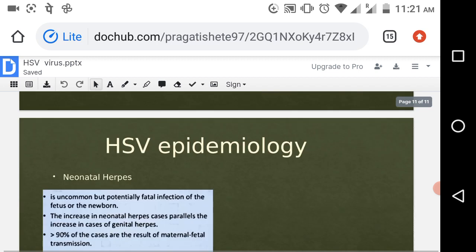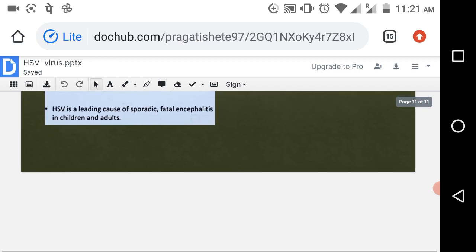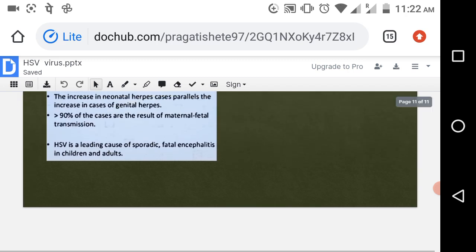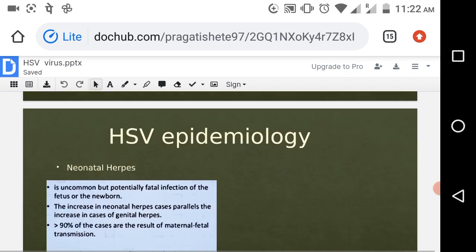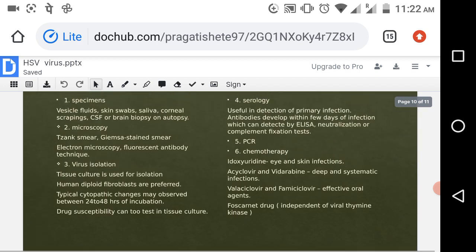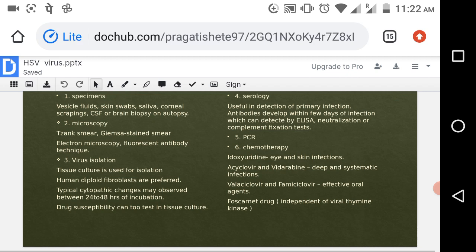Yes, one more point here in the drugs. Idoxyuridine, which is used in the eye and skin infection, is one of the first clinically successful antiviral agents.